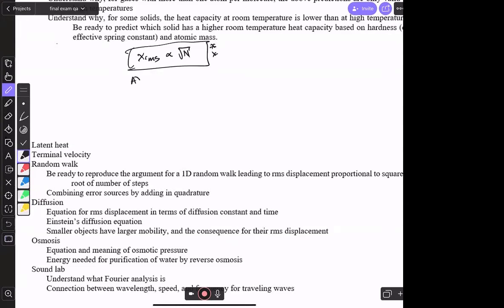But then we also talked about how that means that your signal to noise ratio for an experiment is proportional to the square root of the number of trials or number of repetitions.